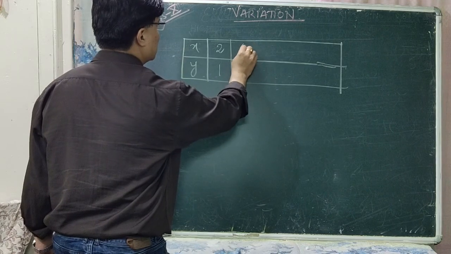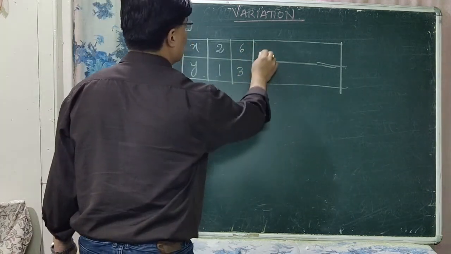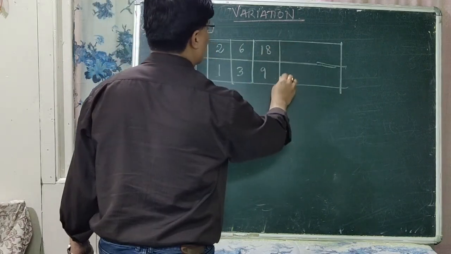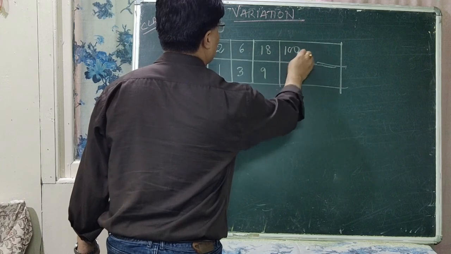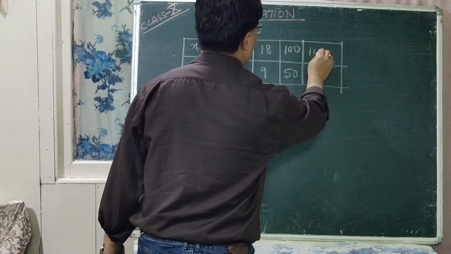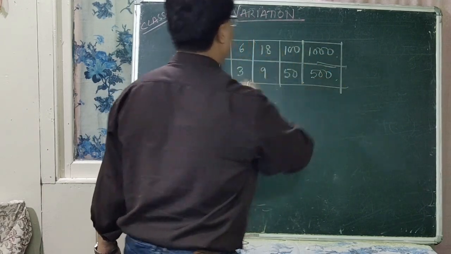Suppose this is 6 and this is 3. Suppose this is 18 and this is 9, right? Suppose this is 100 and this is 50, right? Suppose this is 1000 and this is 500, right?